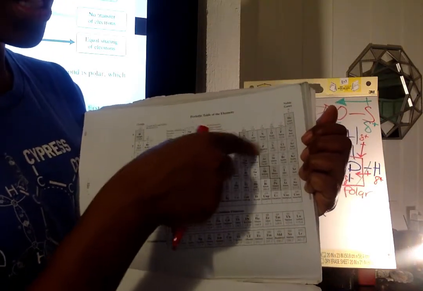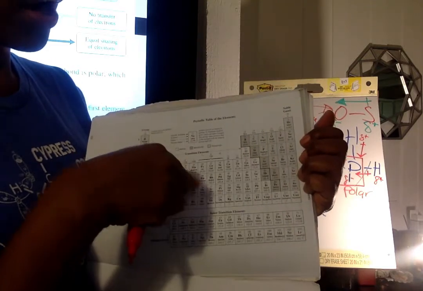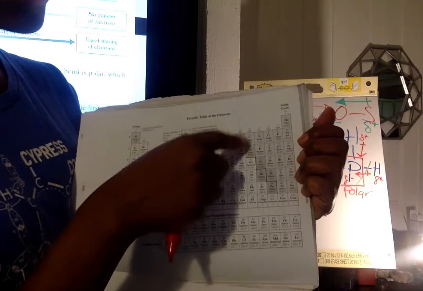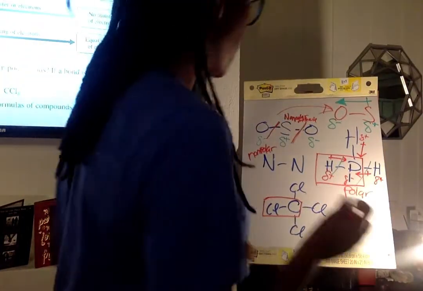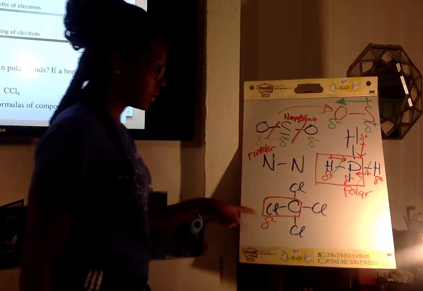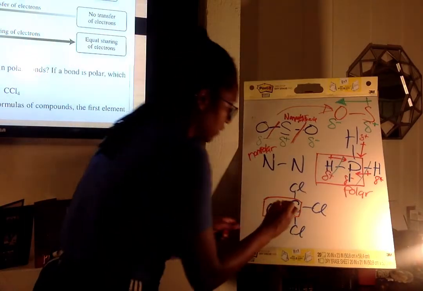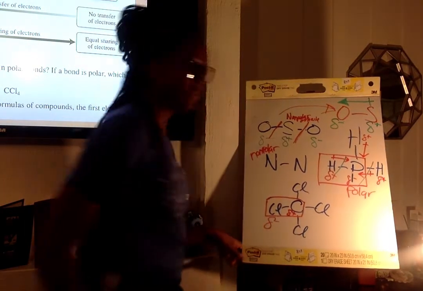So therefore, the carbon, being further along on the periodic table, is going to be less electronegative than the chlorine. So you're going to have your partial negative at the chlorine, right? And then your partial positive is going to be at the carbon.